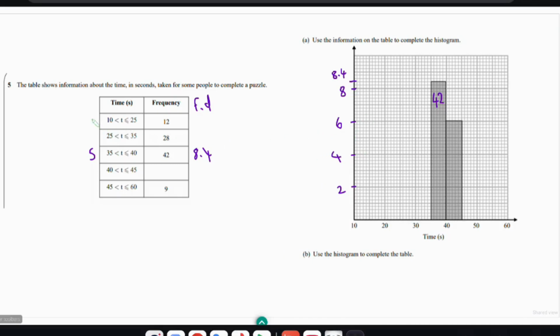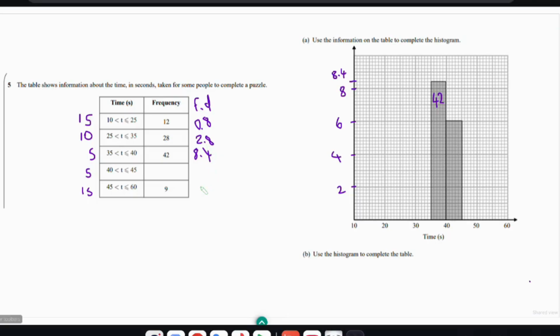Okay, let's finish drawing our histogram. Let's get our frequency densities. 15, 10, 5, 15. 12 divided by 15, 0.8. 28 divided by 10, 2.8.